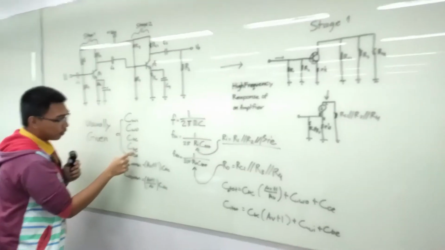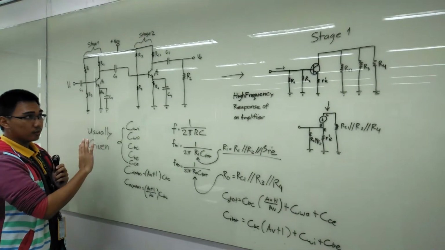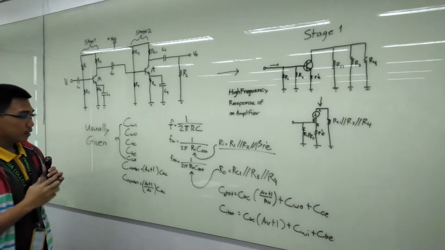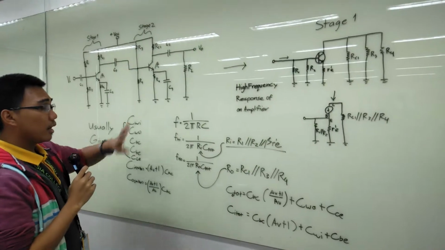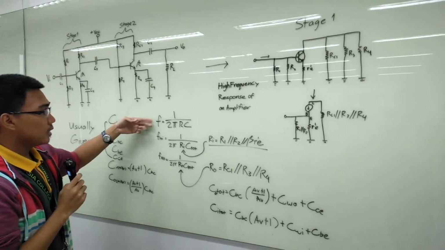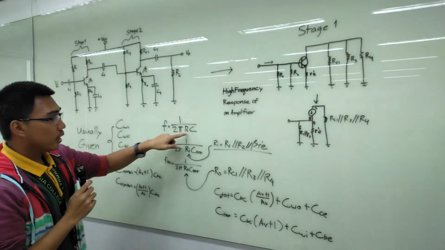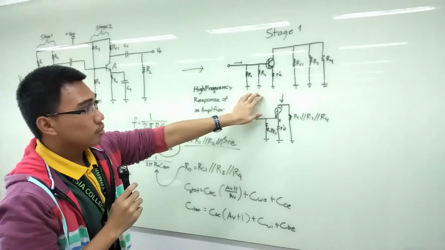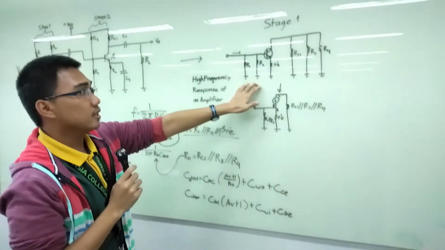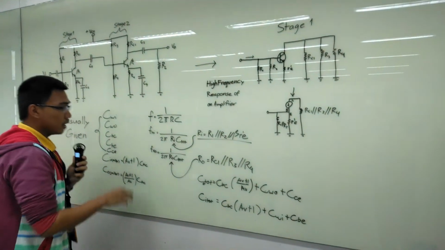This is usually given in terms of the worded problem that you will usually encounter in a book. And in our high frequency response, we will be utilizing the frequency formula 1 over 2 pi RC. And RC will be determined when you use the AC analysis for the high frequency response.